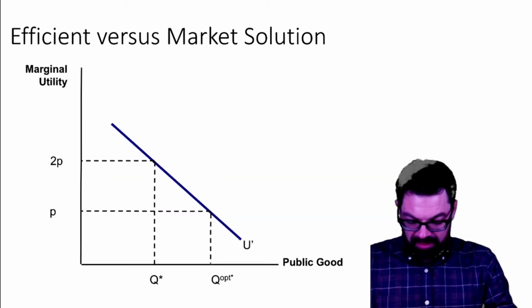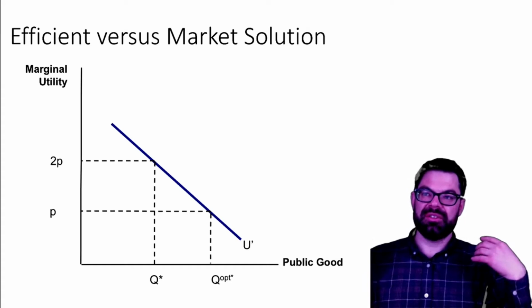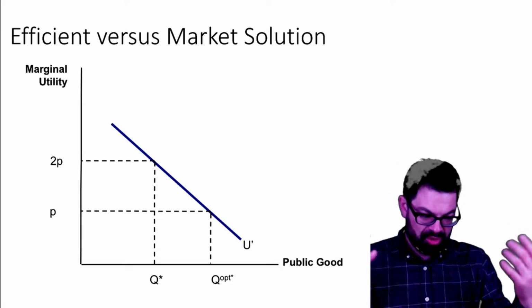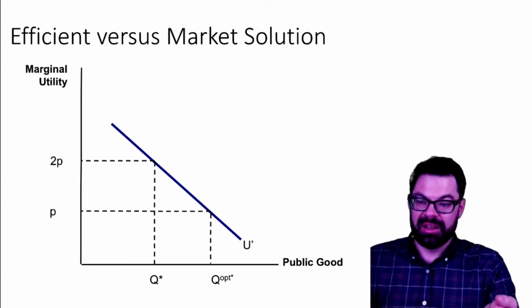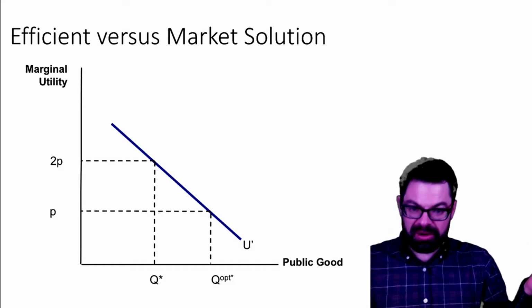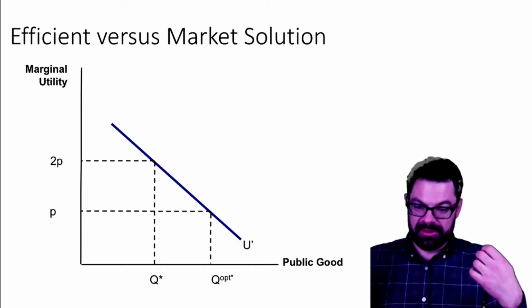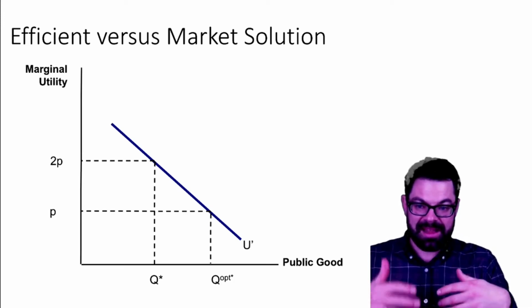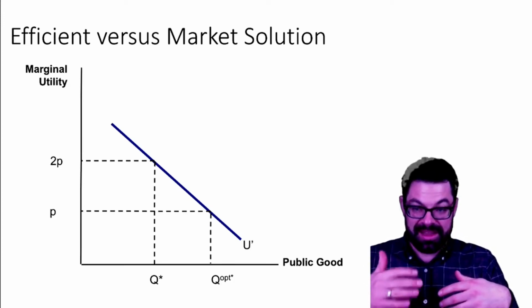So, is the optimal amount chosen by the social planner different, and is it bigger than the amount of the public good chosen in a non-cooperative solution? And the answer is very, very clearly yes.